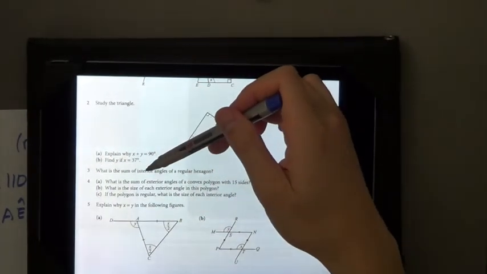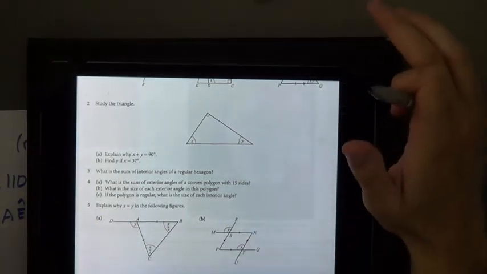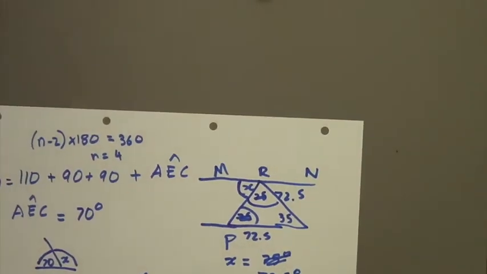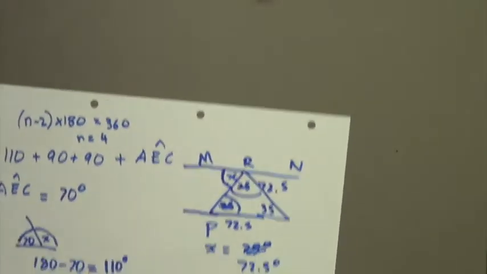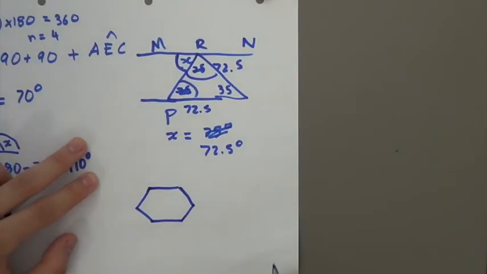3. What is the sum of the interior angles of a regular hexagon? So what is a hexagon? A hexagon is a polygon with 6 sides, which looks like this. Hexagon. 6 sides.